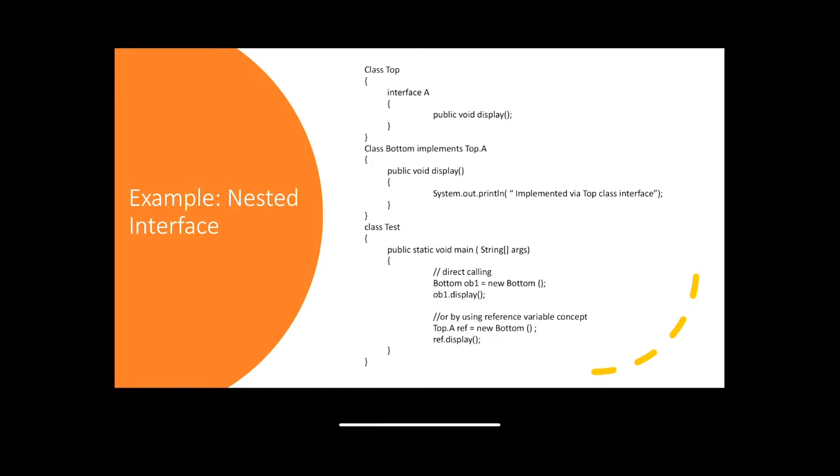By using the reference variable concept, we have created a reference variable ref of interface A. Please note that over here I have mentioned top.A, as interface A lies in the class top. Now this reference variable ref has been bound to the bottom class. So using the ref variable, the display method is called and will give the same output as displayed by the direct method.